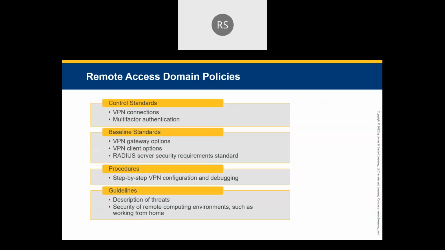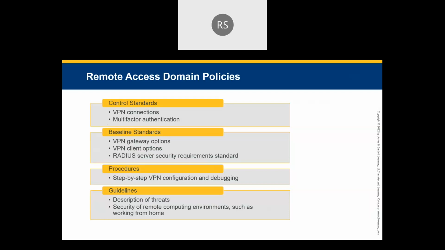Now, the baseline standards in the remote access domain involve defining specific requirements for VPN gateways, VPN client options, and security recommendations for RADIUS, the Remote Authentication Dial-In User Service. These standards ensure that the organization's remote access infrastructure is configured securely, utilizing recommended VPN technologies and authentication mechanisms.